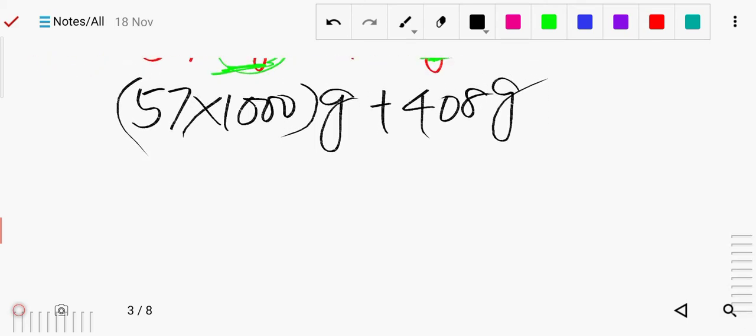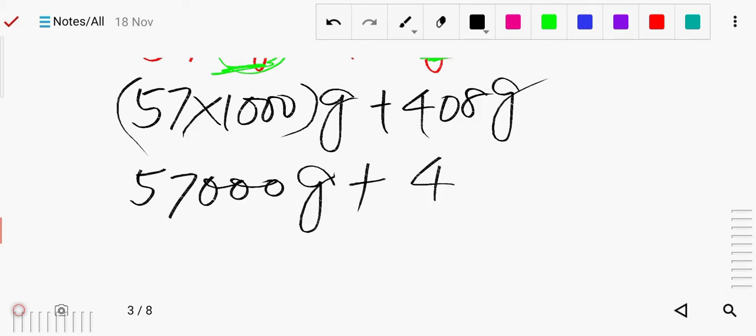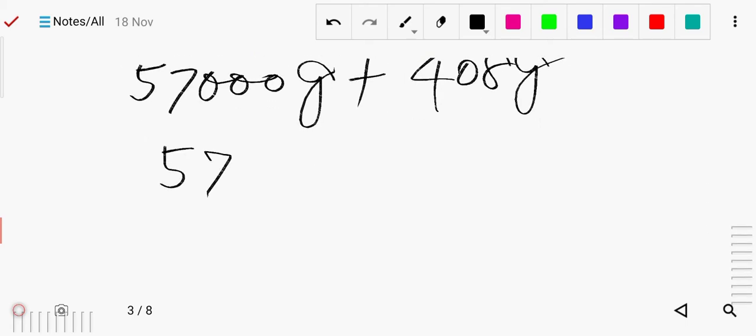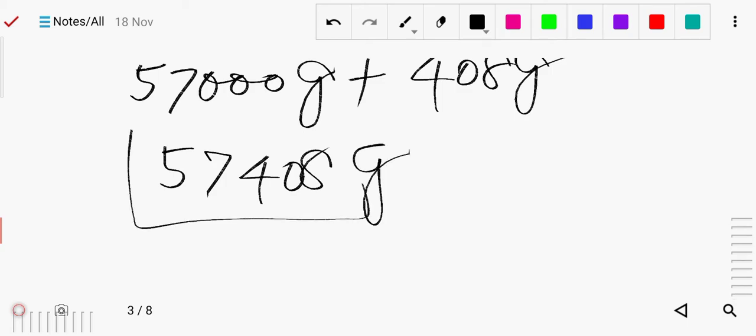Now add it, and this is the total weight in gram after converting.